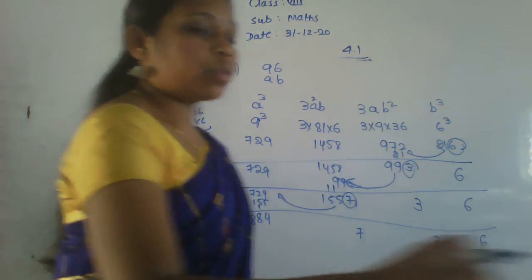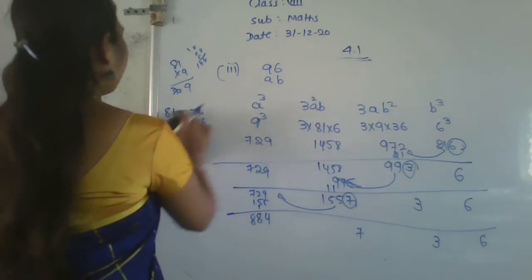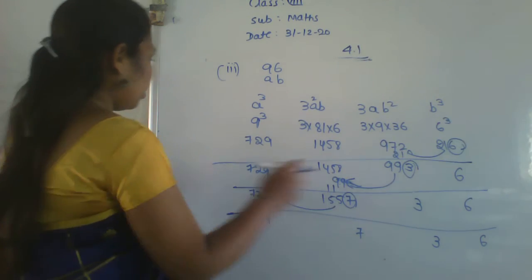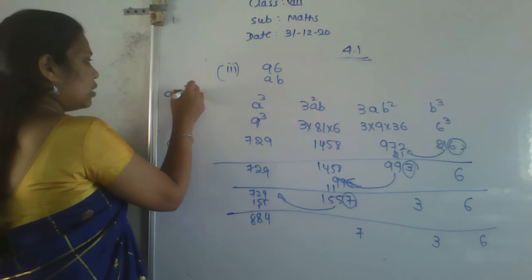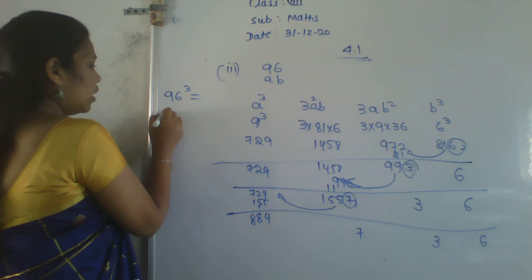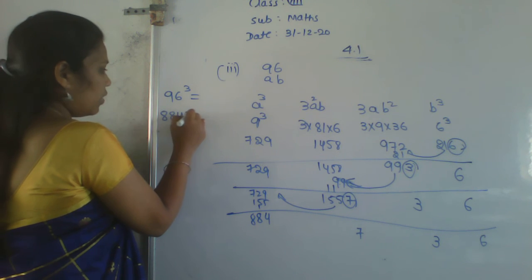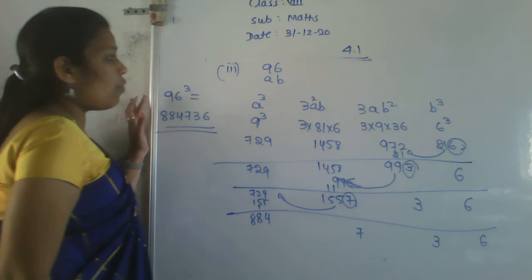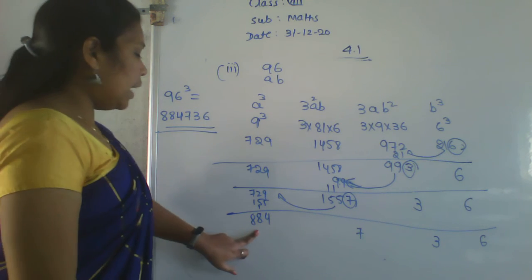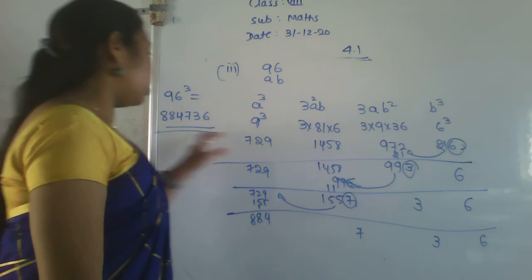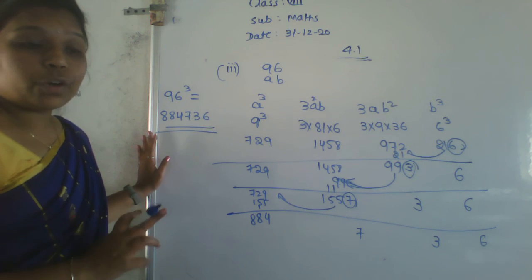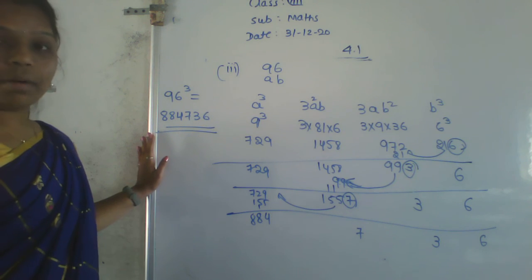What is the cube of the given number? The cube of the given number, 96 cube, is equal to 884736, right? So the cube of 96 is 884736. Like this we have to find the cube of a given number.